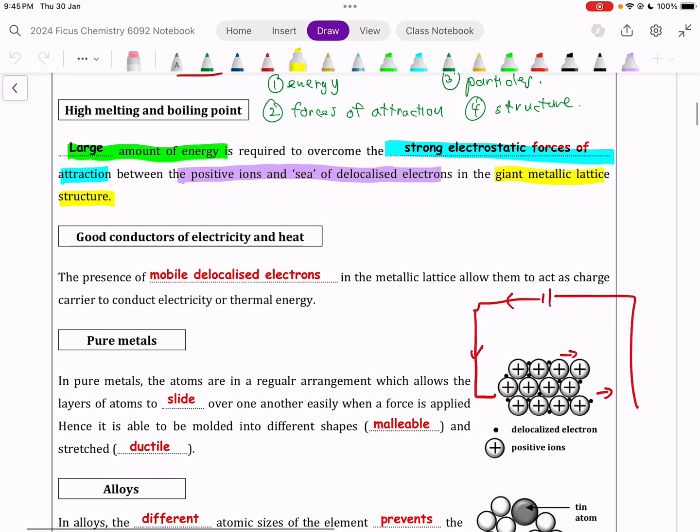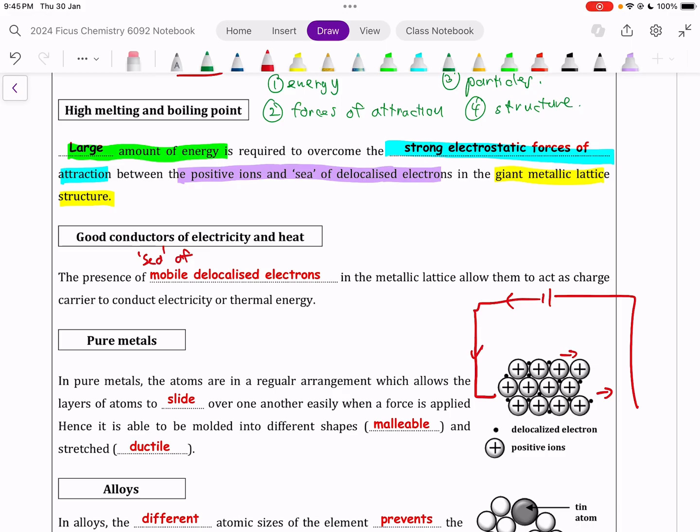Moving on, we explain how come metals are very good conductors of electricity: because of the presence of the sea of mobile delocalized electrons that allow them to act as mobile charge carriers to conduct electricity.